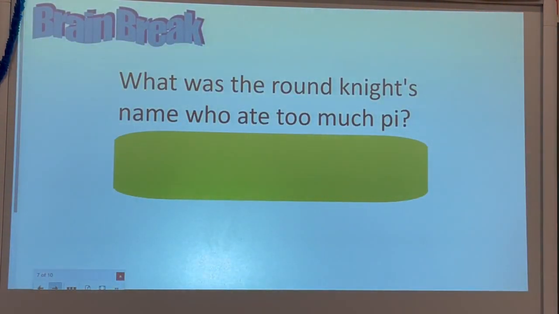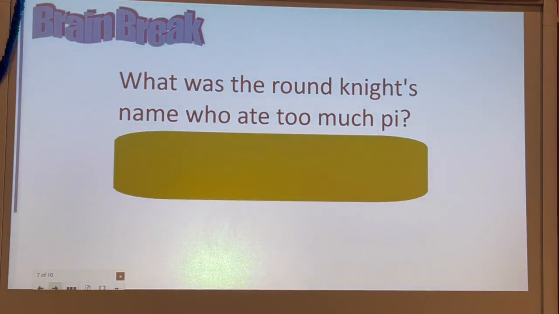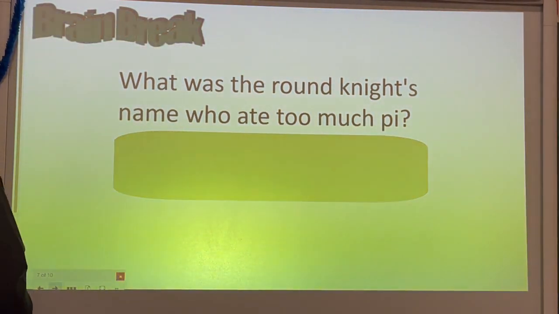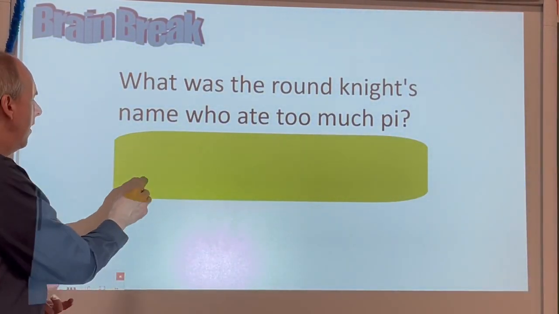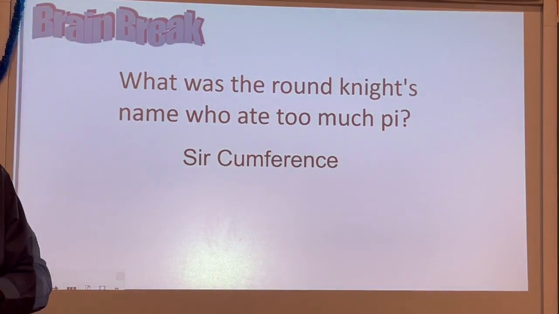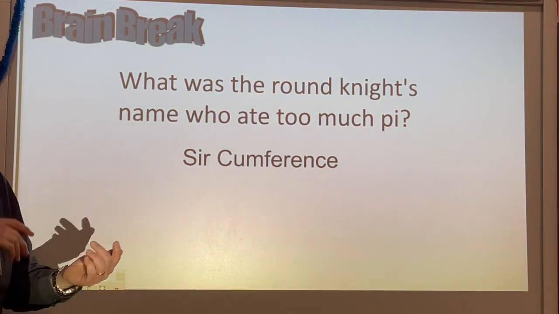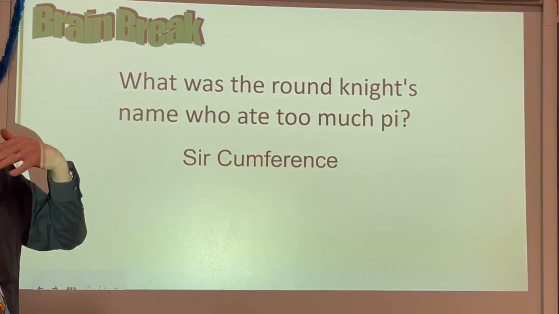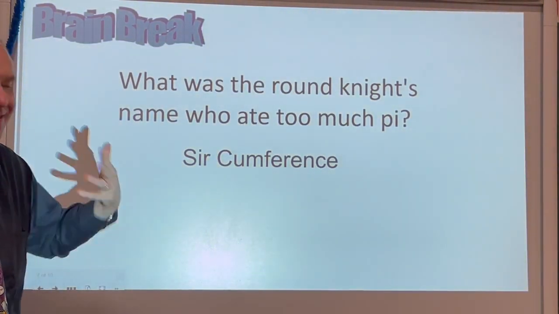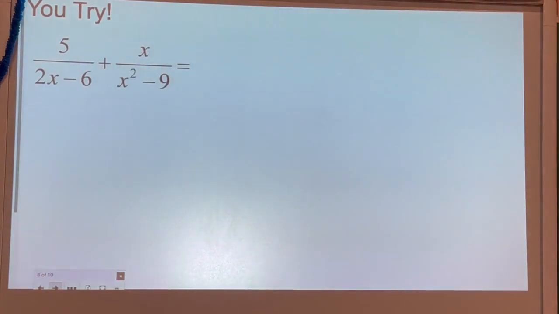What was the round knight's name who ate too much pie? Well, that's circumference, of course. Get it? Sir Lancelot, circumference, get it? Nice, like of the round table? Okay, never mind.